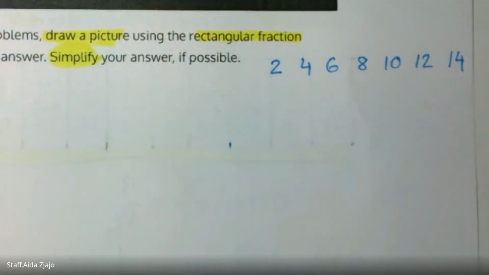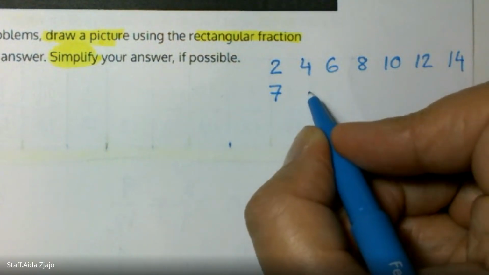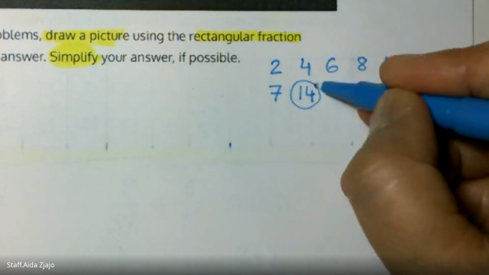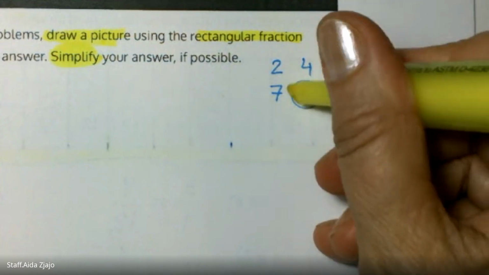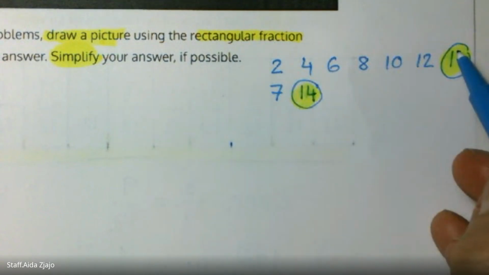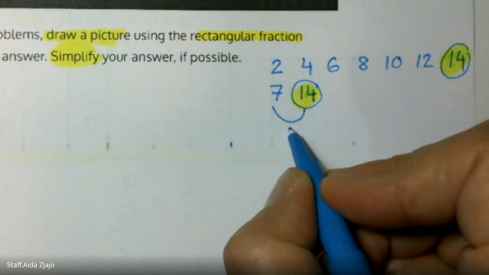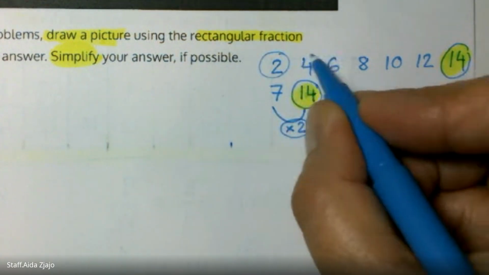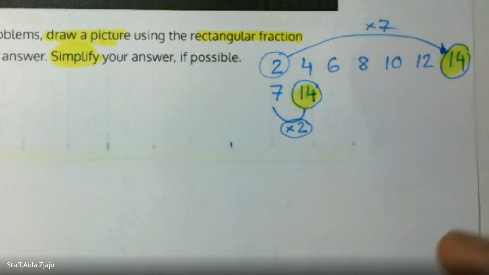That's about how far I'm gonna go, and then I will do 7, and 7 makes 14. So the first common number they have, the least common denominator, is 14. I can say 2 times 7 is 14, or 7 times 2 is 14.